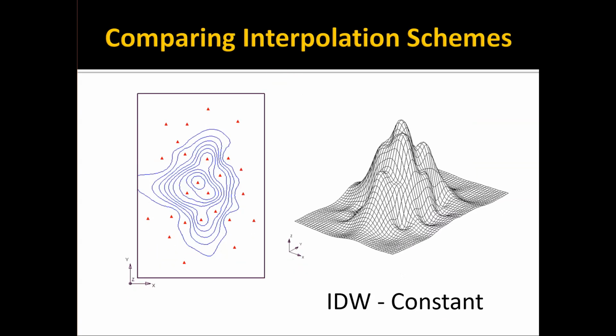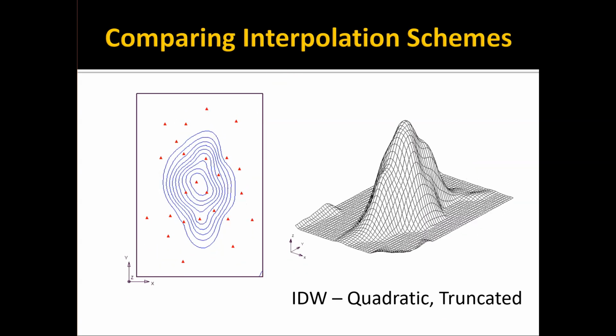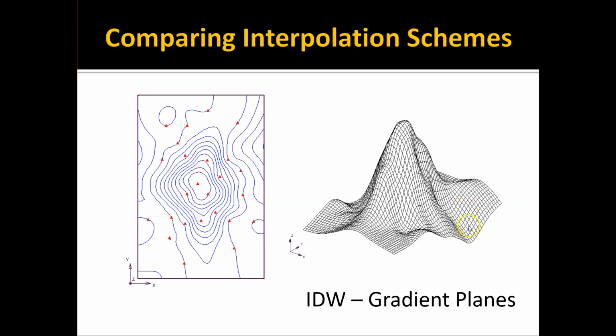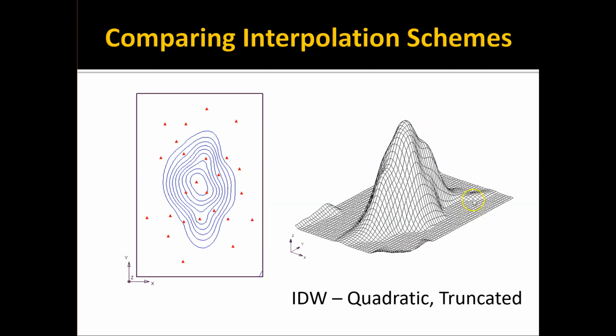And if you turn on that truncation option with this gradient plane option, whereas before we had these parts that were dipping below 0, you can make them flatten out, and now we're looking pretty good. This looks very similar to our quadratic control function. So it's not a bad method.